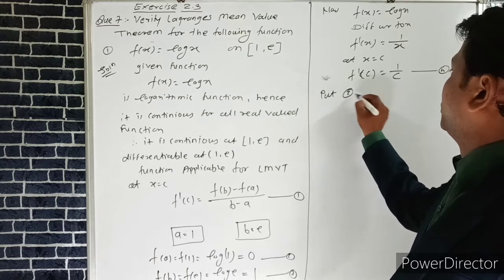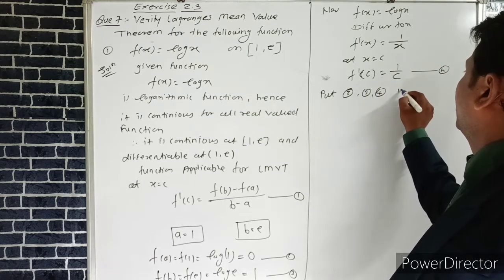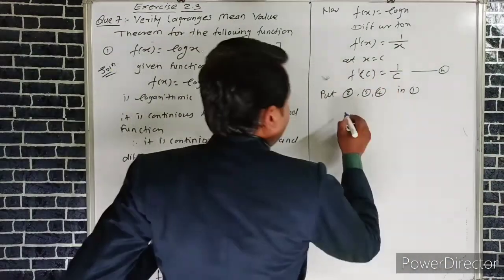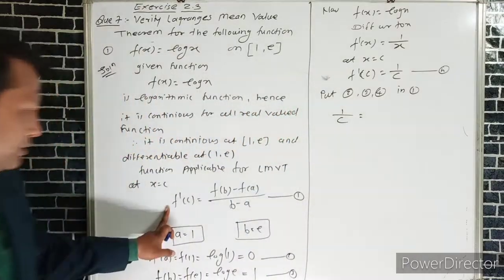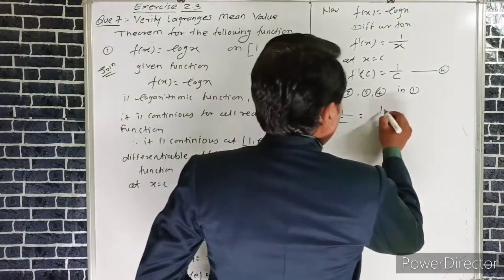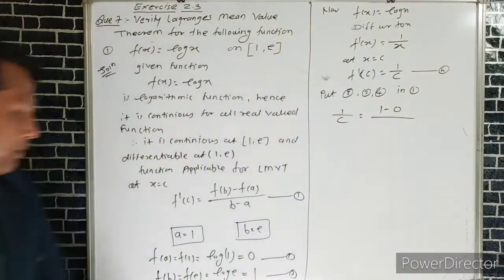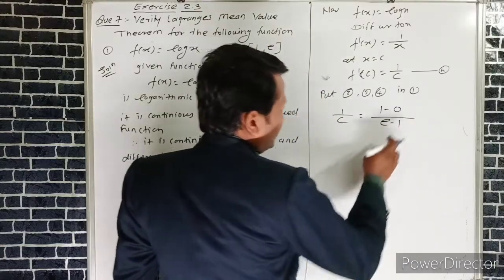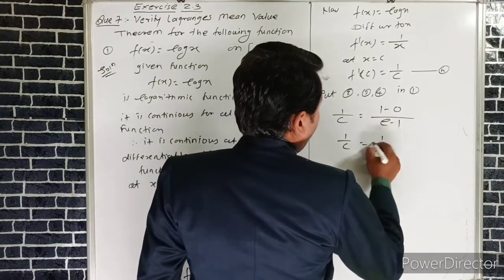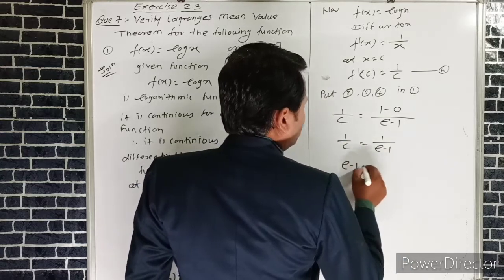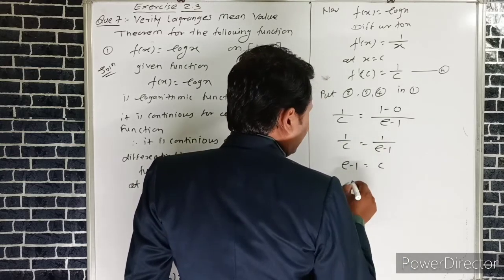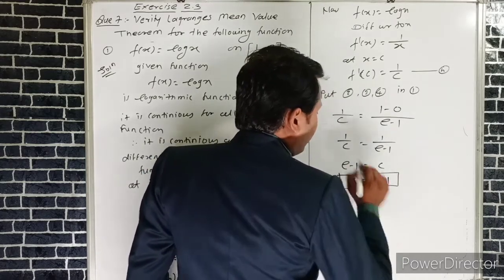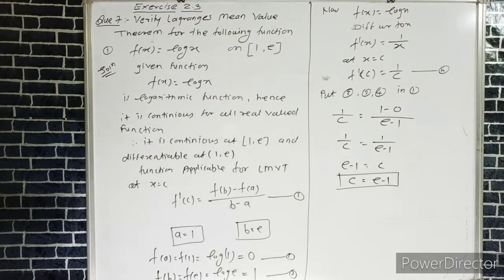Putting 2, 3, 4 in 1, we get f'(c), which is 1 by c, is equal to (f(b), which is 1, minus f(a), which is 0) upon (b minus a, which is e minus 1). Hence, cross multiplying, we can write e minus 1 is equal to c, or c is equal to e minus 1. Hence the value of c is e minus 1.